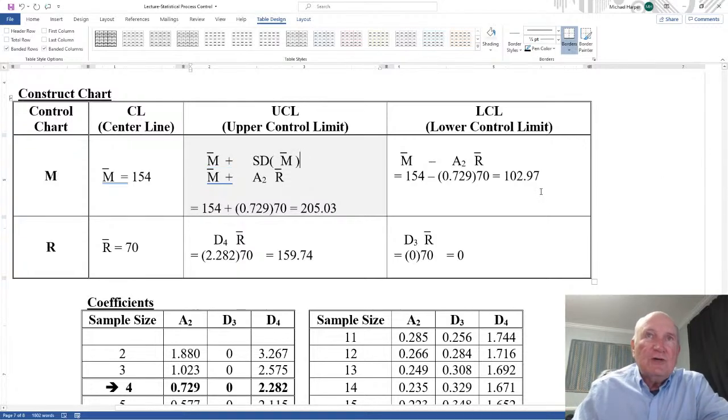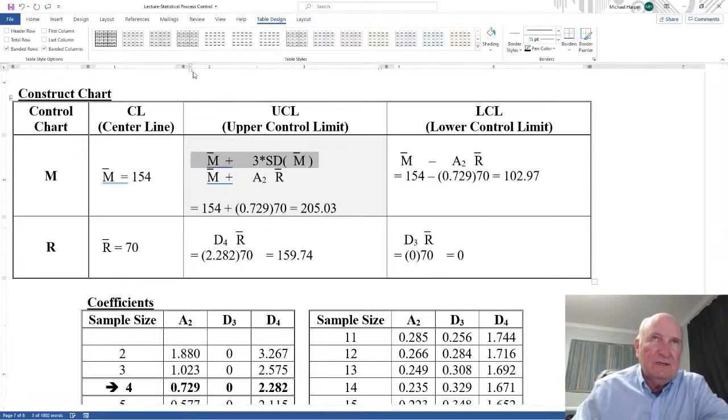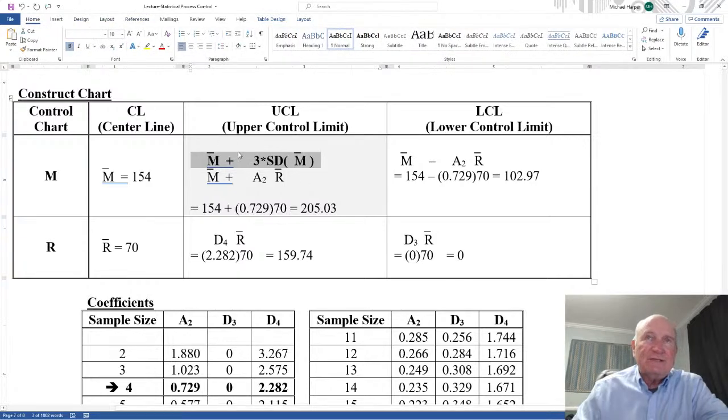So this right here represents the definition of the upper control limit. In other words, it's M bar plus 3 standard deviations of M bar.